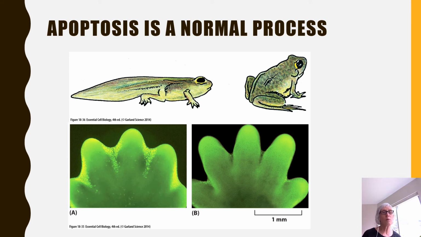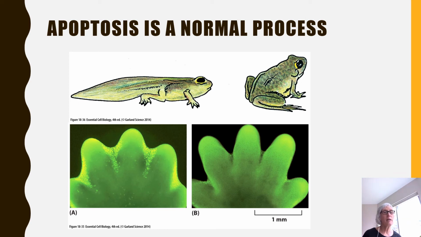Apoptosis is a normal process. This image shows a couple of examples in the animal kingdom where apoptosis occurs. For example, when a tadpole's tail gets reabsorbed, that occurs via that programmed cell death.